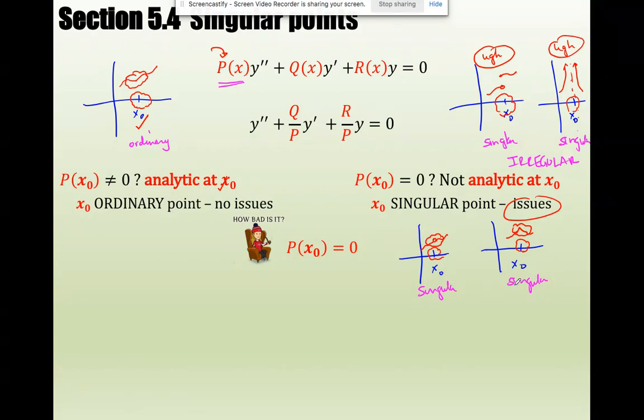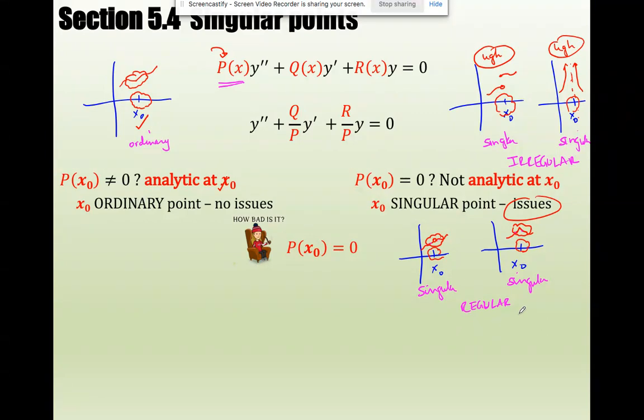These singularities are weak. They're not that bad, right? They're weak singularities. And in a differential equation, what the solutions look like around here can be very interesting. We call these regular singular points.